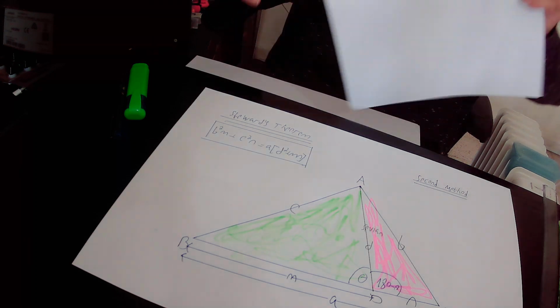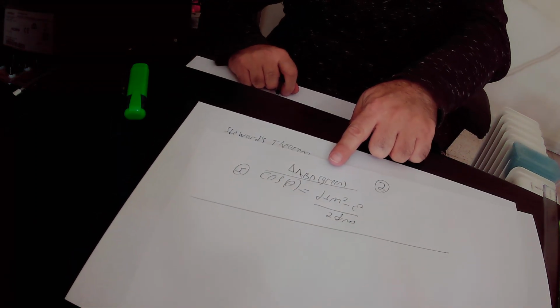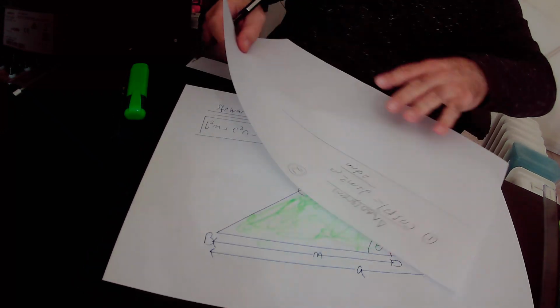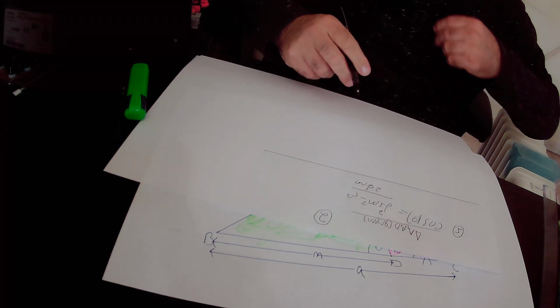So here, equation number 1 is the implementation of the law of cosines in the green triangle, triangle ABD. Cosine theta equals d squared plus m squared minus c squared over 2 times dm.